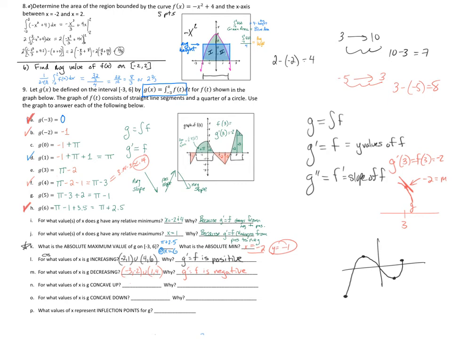So we can look at f, this picture that we have, and you can see f has a positive slope here because it's going up, and it's going up, and it's going up. So the slope of f is positive between x equals -3 and 0, okay?